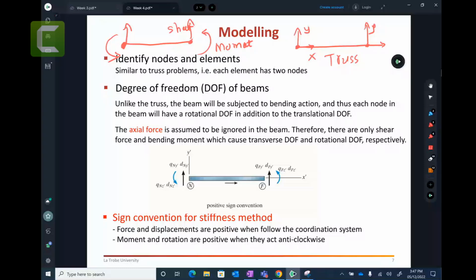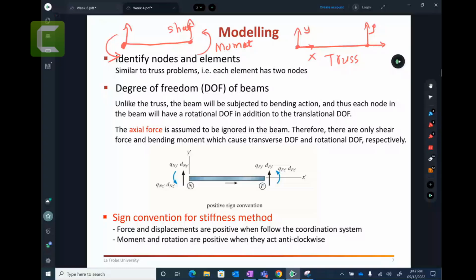A beam is a horizontal member. Think of a circuit board, just the horizontal part of it. You can't load the circuit board axially like this. It can bend, or it can rotate. So bending is related to rotations, and vertical displacements are related to the shear force.